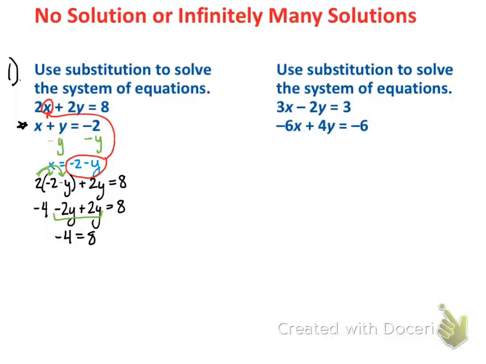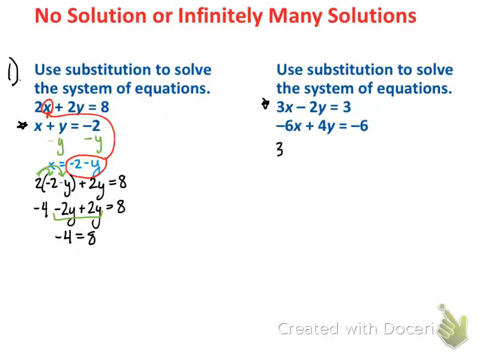All right, let's try solving this second one here. This one's a little bit more complicated in substitution. Now, as I'm looking at these, I think I'll just start with the first one. Now, do I want to get the x alone, or do I want to get the y alone? I think I want to get the x alone because I know it's going to be divisible here, and that might make my life easier. So let's take a look then.